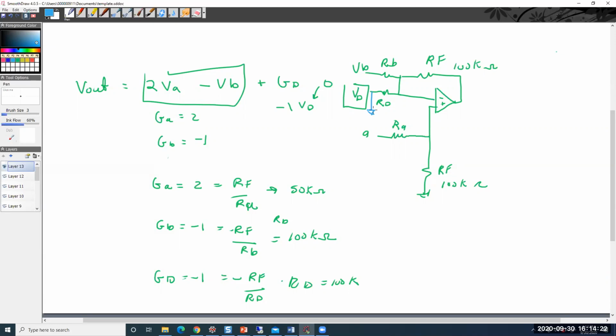And what happens is that now, if you were doing superposition, you'd set both of these to ground, and then you'd have RF, the gain would be 1 divided by RF, RB in parallel with RD, and then it would cancel out whatever was going on down here, and it would work, okay?